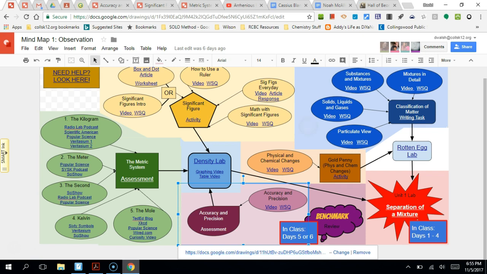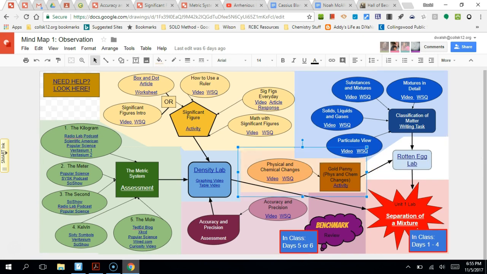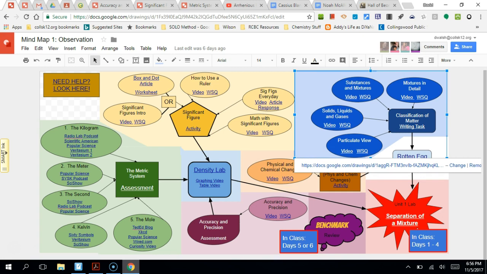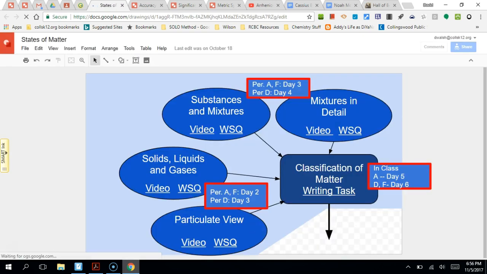Now, as we move over to the right-hand side of the mind map, one of the biggest things that is important chemically as we move forward is understanding particles. So it wouldn't surprise me, as we're looking at particles, that the particulate theory and understanding that solids, liquids, and gases are particles and how they interact and what is causing them.